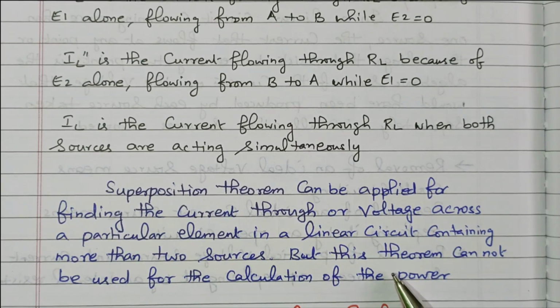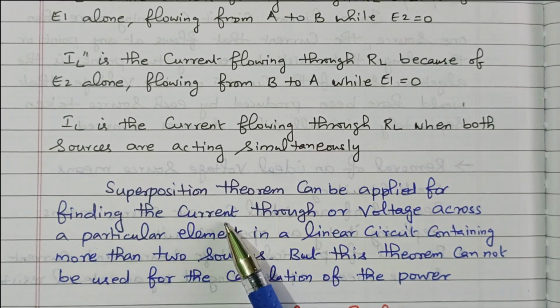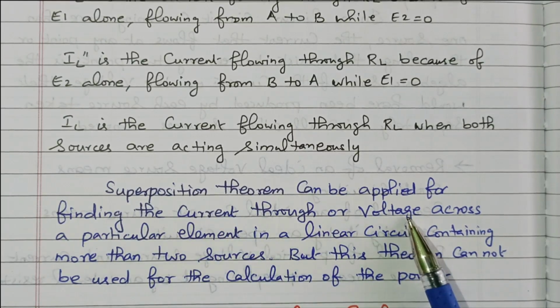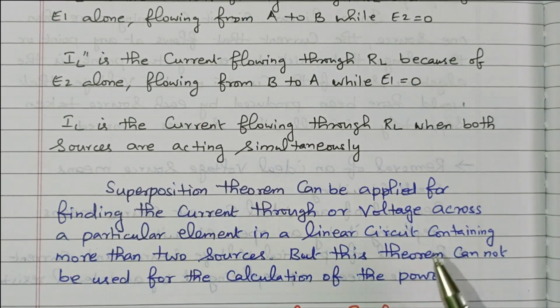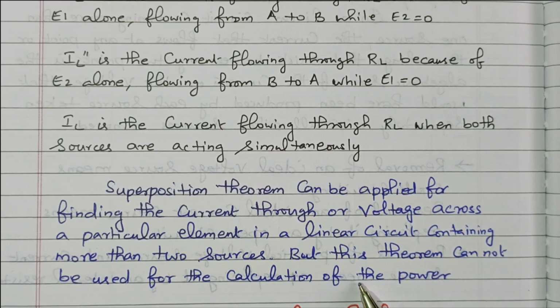We are able to find either the current flowing through the element or the voltage across the element having two or more voltage or current sources in a linear circuit, but we cannot find the power in the circuit by using that. Superposition is applicable only for current sources or voltage sources to find the current flowing through the element or voltage across the element, not applicable to find the power.